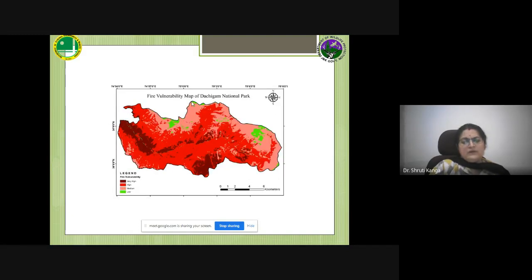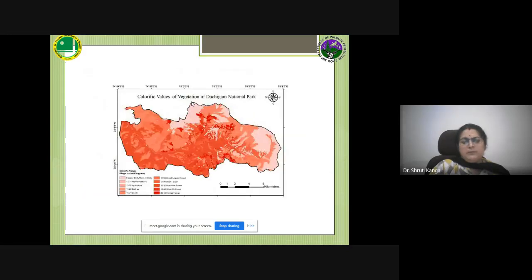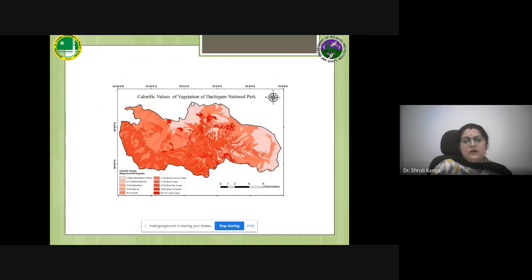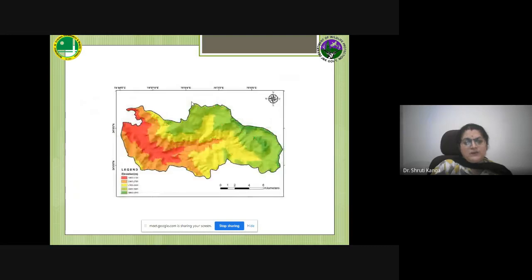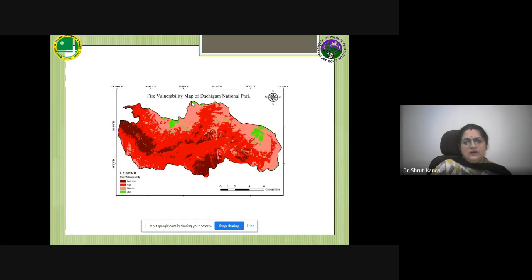This is the fire vulnerability map of Dachigam Park, which we have calculated using these parameters: slope, aspect, elevation. If you go through the forest fire risk paper, we have taken all these parameters as inputs for forest fire, as they play an important role in any kind of fire existence or fire risk.